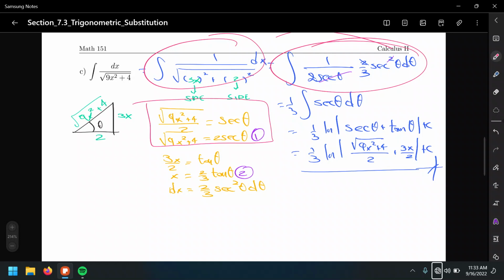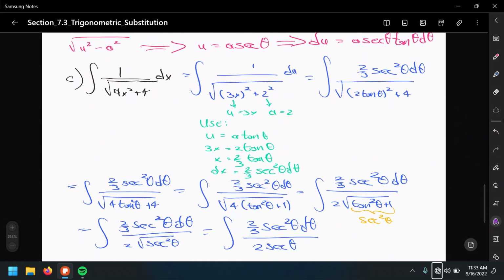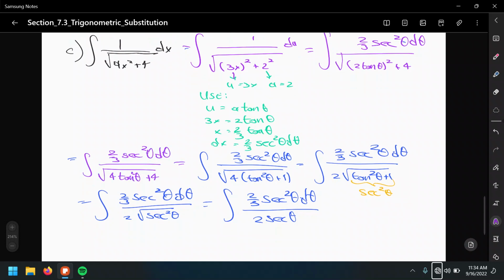However, the textbook way is asking you to do 1, 2, 3, 4, 5, 6 steps before you get to the integral.